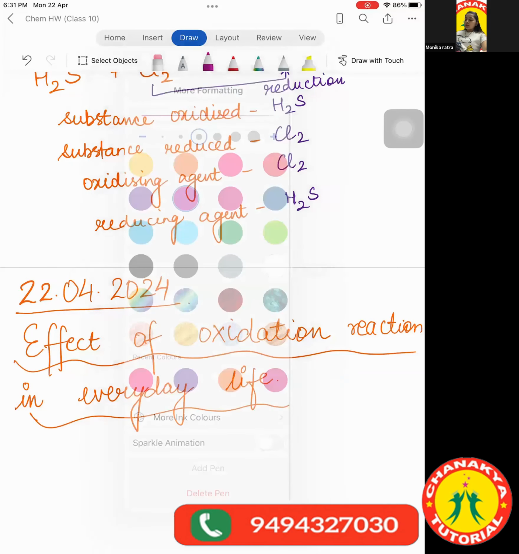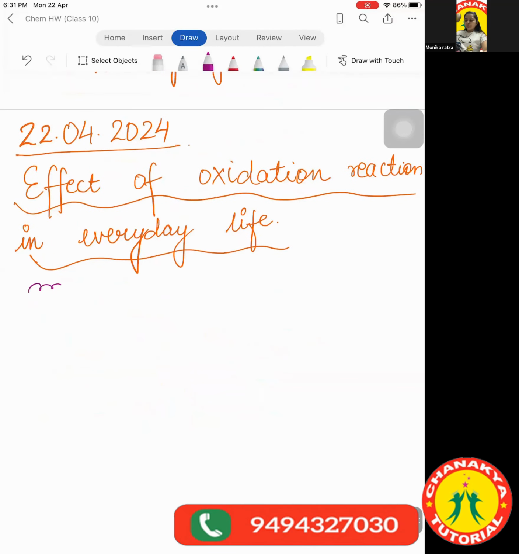So first effect is the corrosion. Now, what is corrosion first of all?